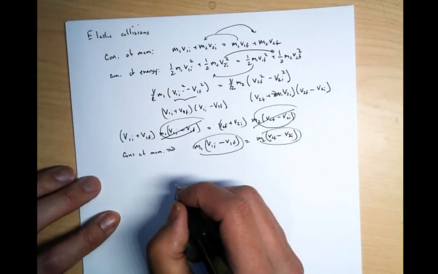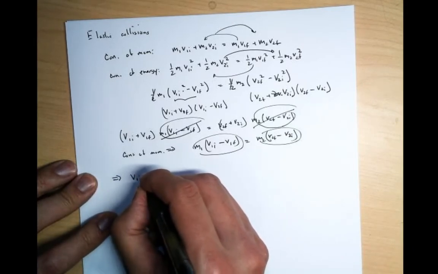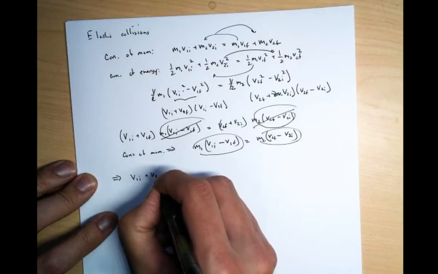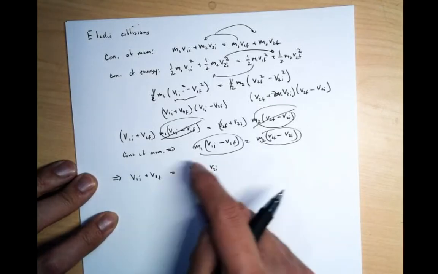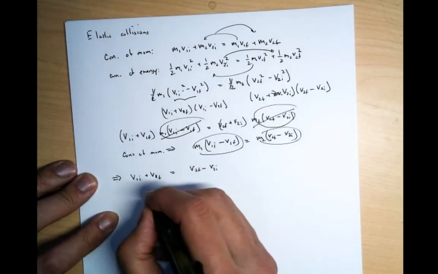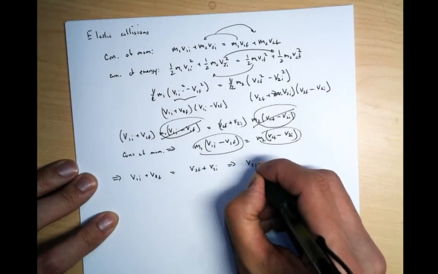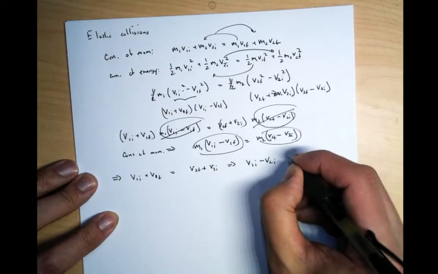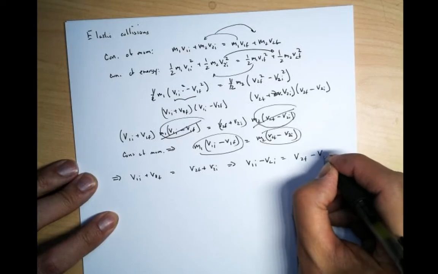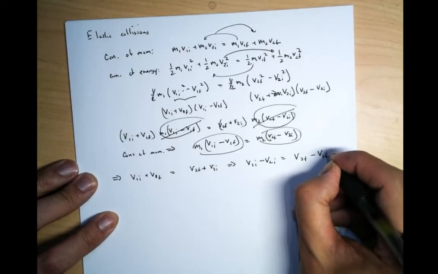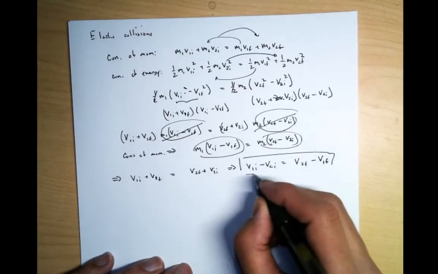Okay? So you're left with v1i plus v1f is equal to v2f plus v2i. Let's move everything relative to each other. So this will imply that v1i minus v2i is equal to v2f minus v1f.